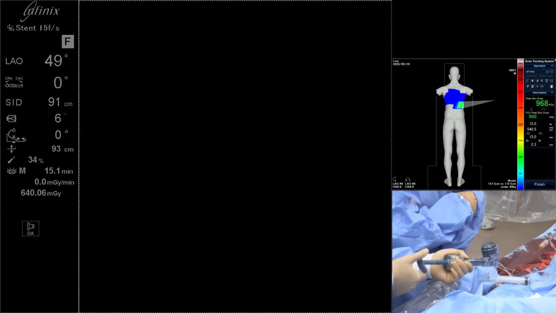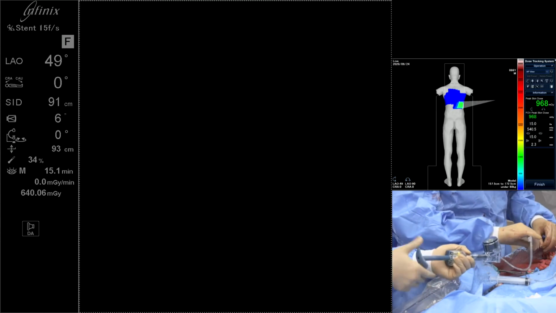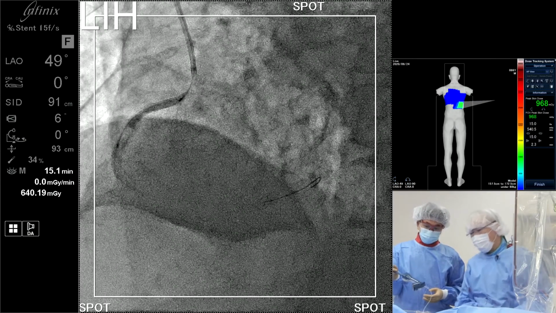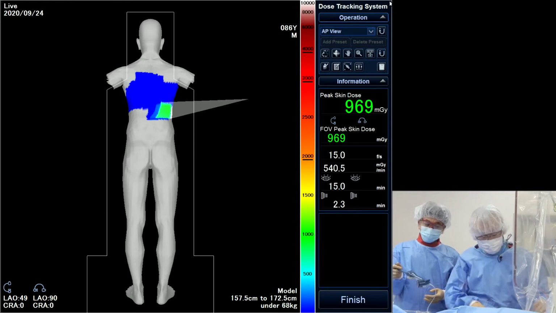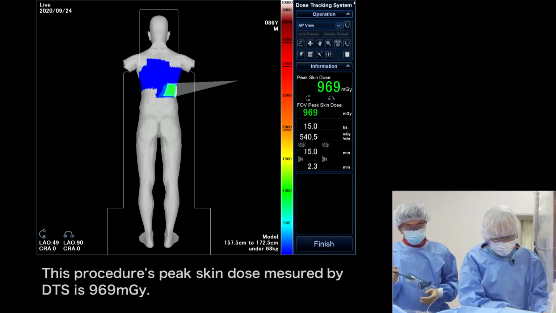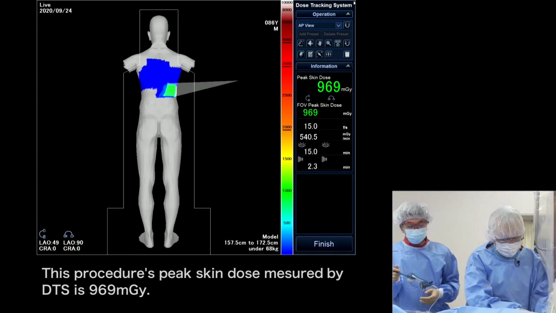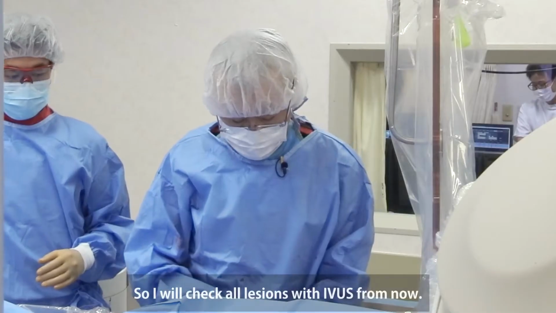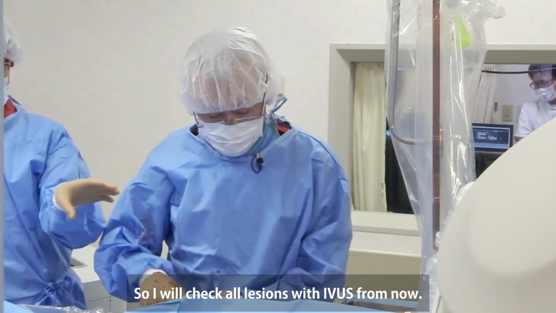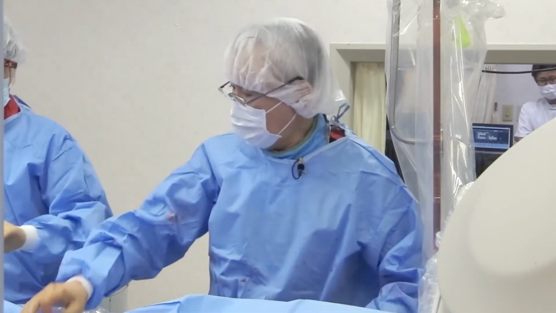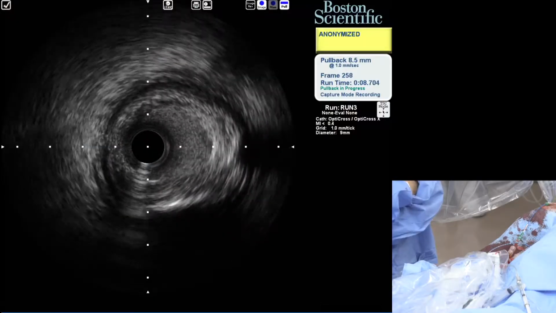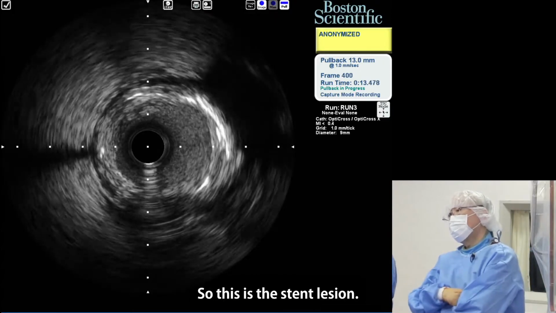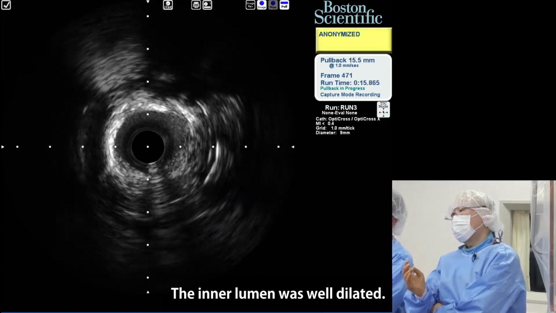Is the dose tracking system okay now? So I will check the whole region with IVUS from now. So this is a stent region, and the inner lumen was well dilated.